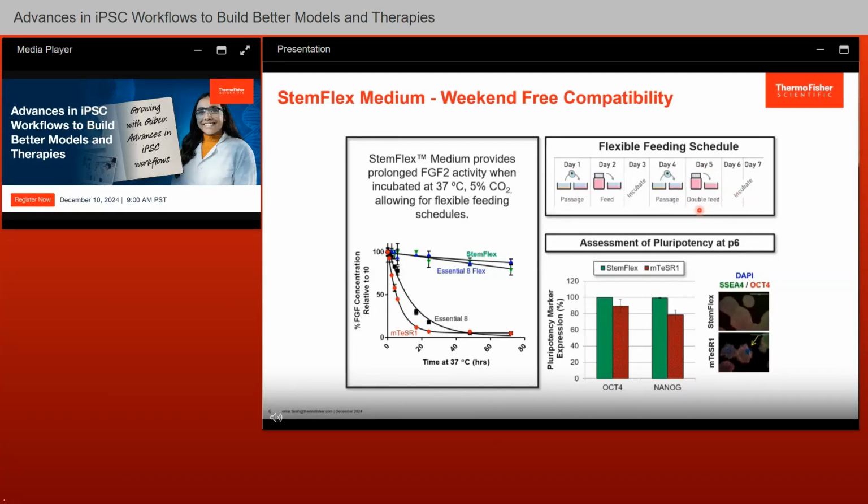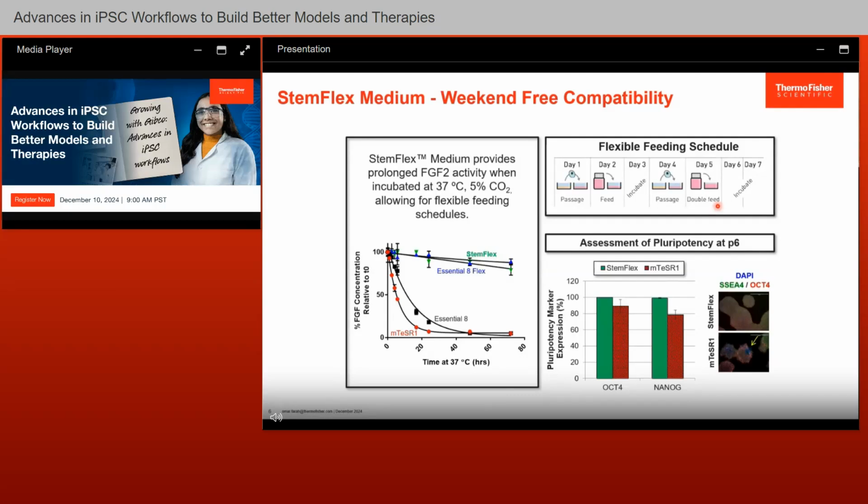But basically what this helps do is reduce handling times, reduce contamination risk, but also reduce the cost associated with the media that's used to culture here. And I can confirm that we've done extensive testing confirming that this flexible feeding schedule, including weekend free feeding, does not impact either the pluripotency or the karyotype of our StemFlex PSC cultures.